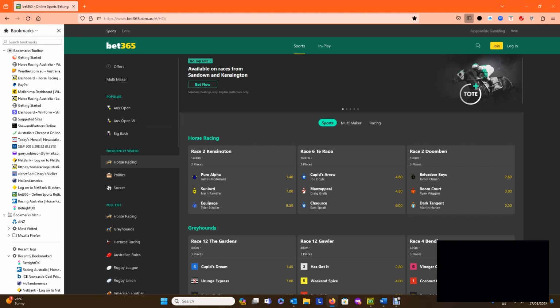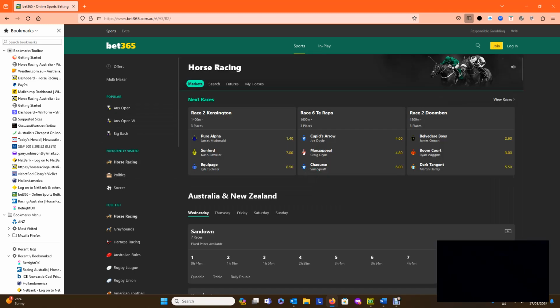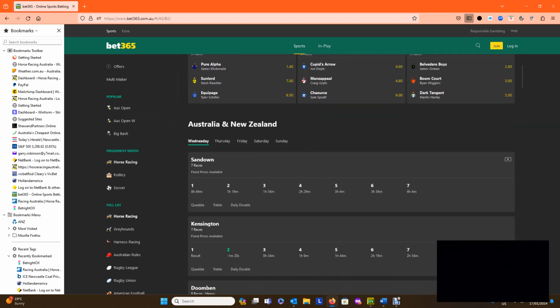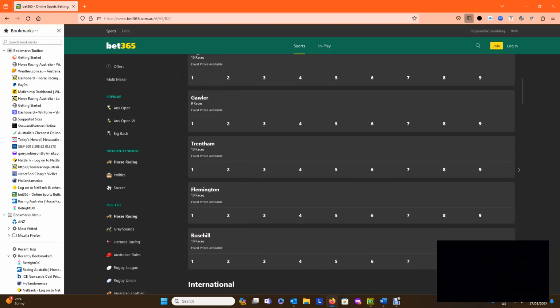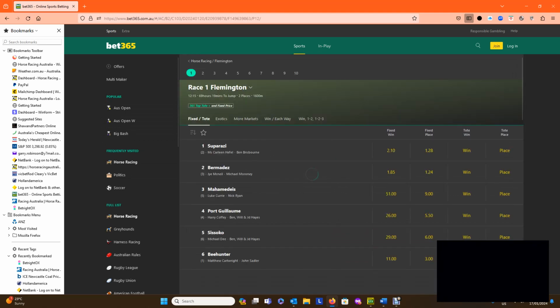Just go to horse racing, and I go to Australia, New Zealand on Saturday, and the race we're looking at is Flemington Race 1. Got fixed price available. We're looking at Super Razi, currently $2.10. There's plenty of money also, $1.85 for Bernadez, and those two runners take up 100% of the field, so they're giving those other runners absolutely no chance.